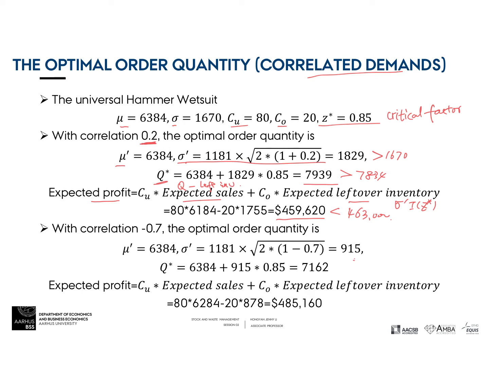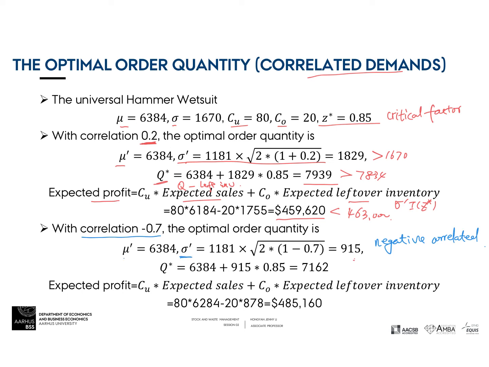And then we consider the second scenario. We assume the correlation now is minus 0.7. So this is negatively correlated demands. Again, we need to recalculate the standard deviation.